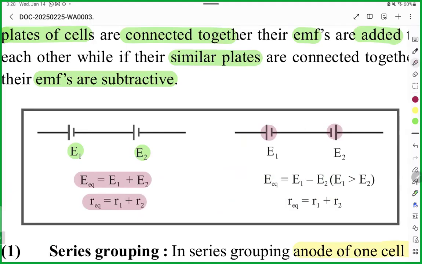Here you will have a difference in the potential, but resistance is still added. That is what we were saying. It doesn't matter how you add EMF in series because both are in series. Doesn't matter how you add in series, your resistance in both situations will be added. Got it?